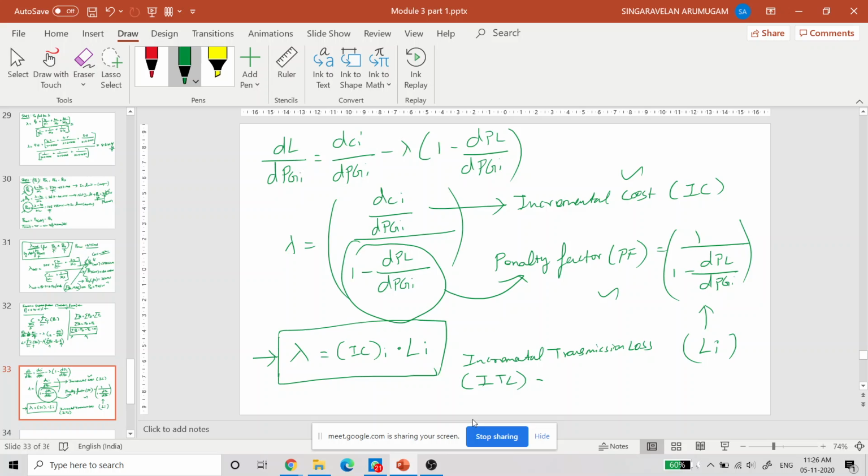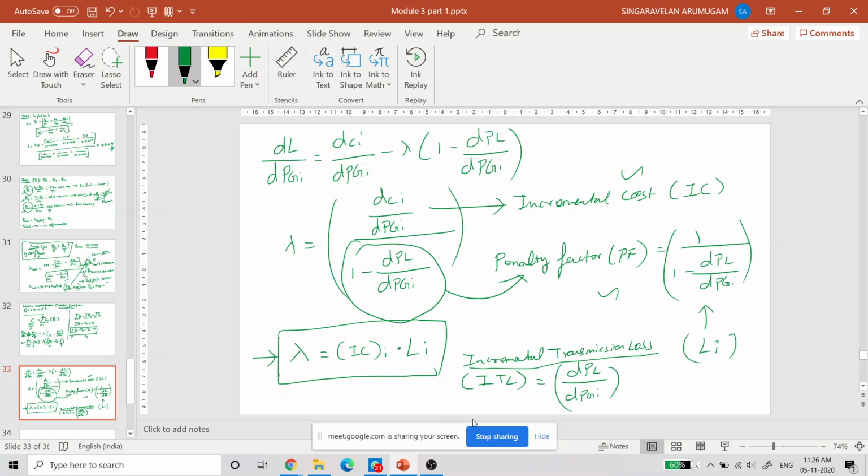So this incremental transmission loss is nothing but dPL divided by dPgi. So you can replace this term with ITL, so you should not get confused. In some textbooks they will give it directly as ITCL. ITCL is nothing but incremental transmission loss.